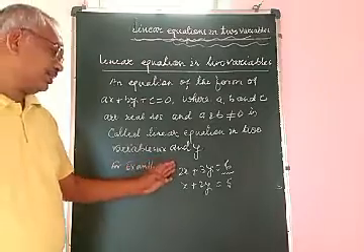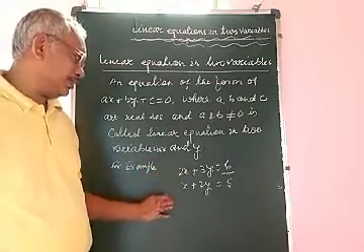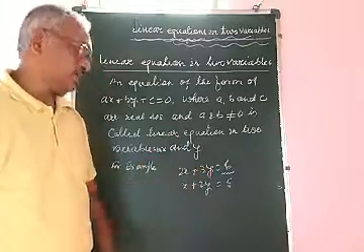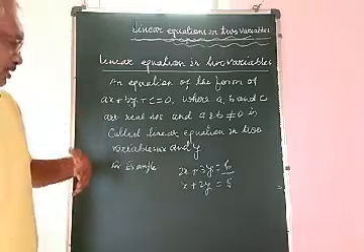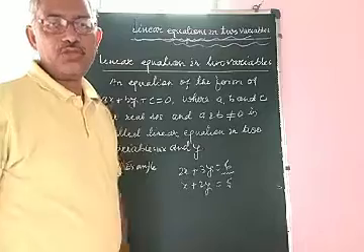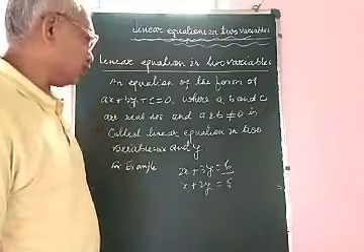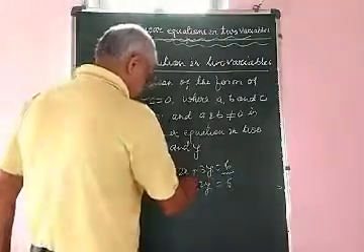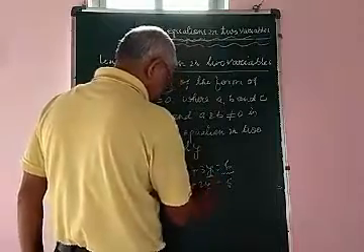These are linear equations in two variables. Variables are x and y. Variables may be other than x, y, such as 2p plus 3q is equal to 6, and so on.